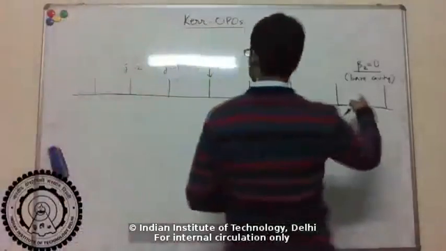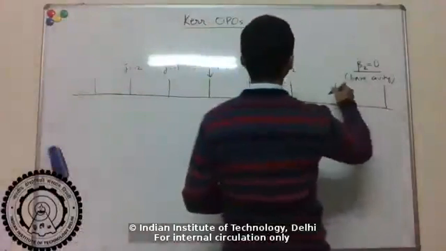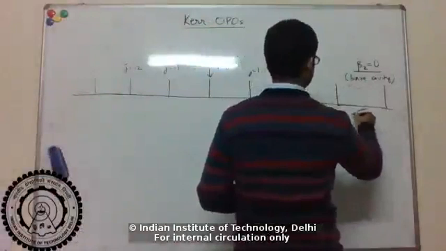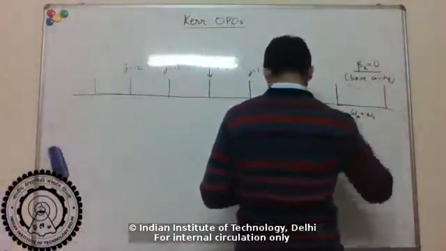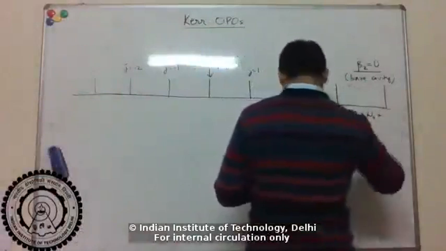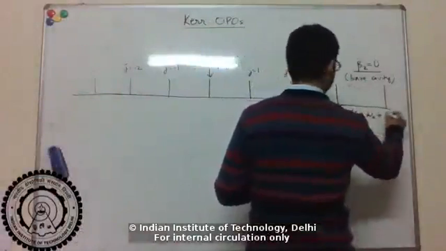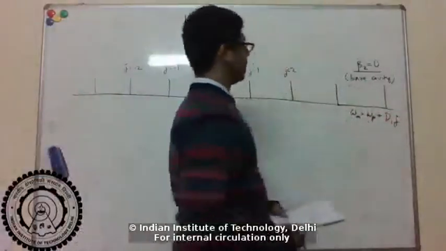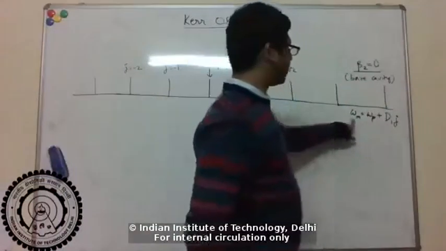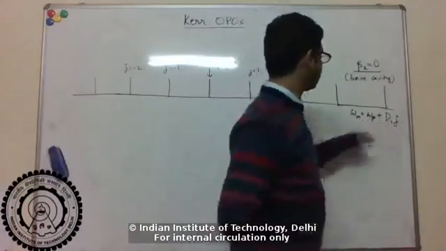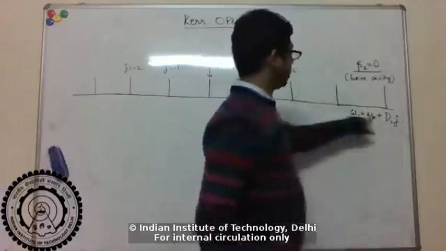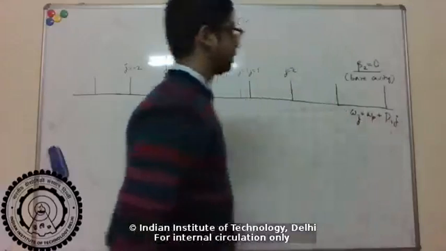Or in other words, I can write the jth resonance frequency, omega j, as some omega naught, or omega p, plus d1 j, where d1 is some constant. So the resonance frequency just goes linearly with the mode number, right?